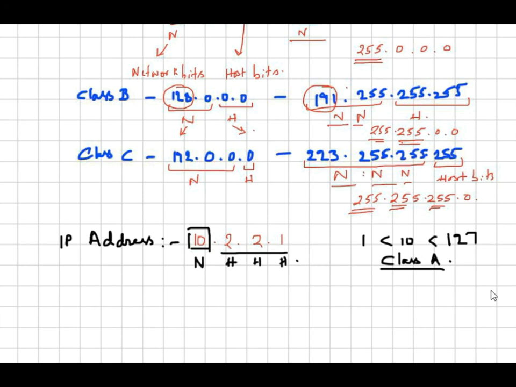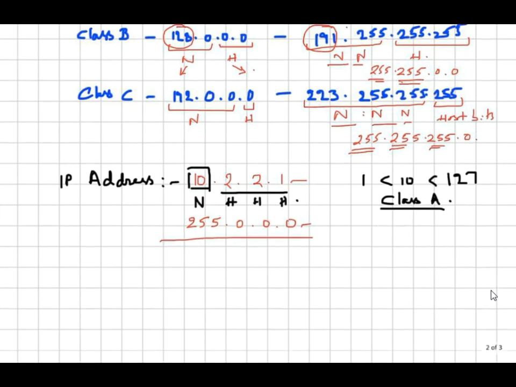So when you apply the default subnet mask, 255.0.0.0, and combine it with this IP address, you have to convert this from decimal format into binary format.